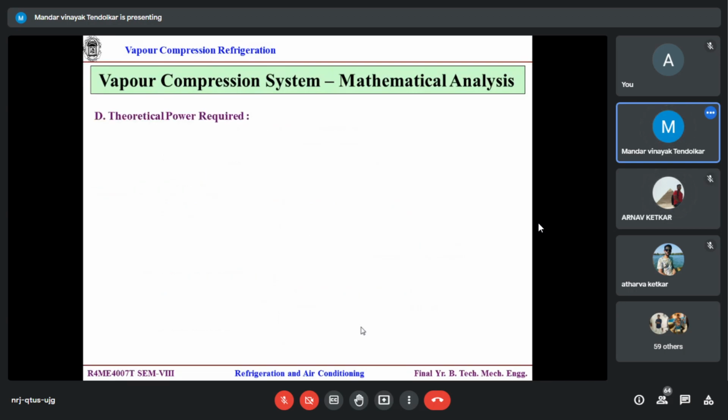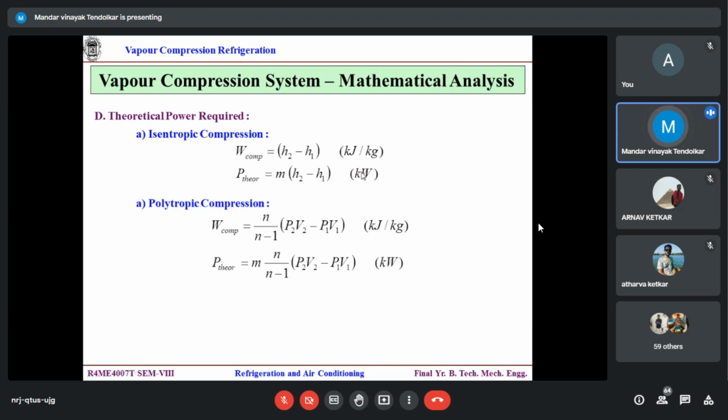Theoretical piston displacement. What is piston displacement? Mass into the specific volume. That is the total displacement. So the specific volume of the refrigerant you can read from the pH chart. Either specific volume lines are given or density lines are given, because they are reciprocal. Density is kg per meter cube, specific volume is meter cube per kg.